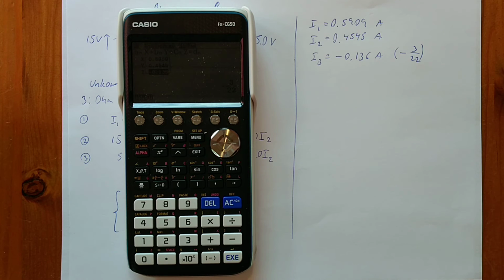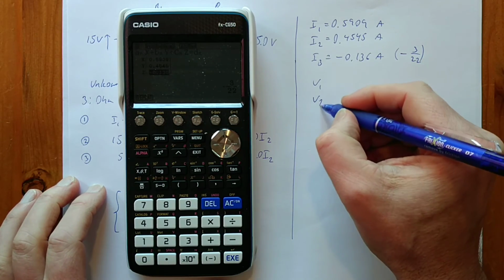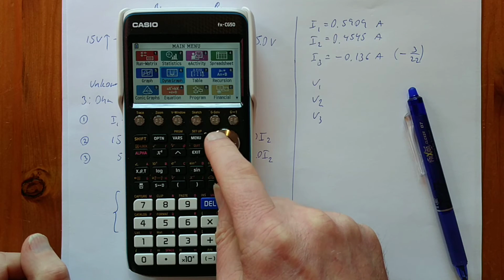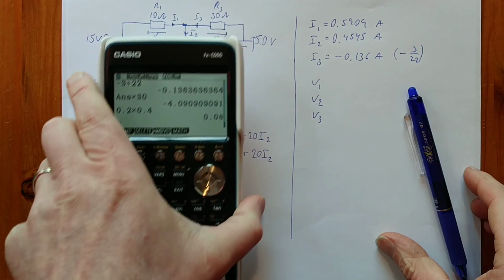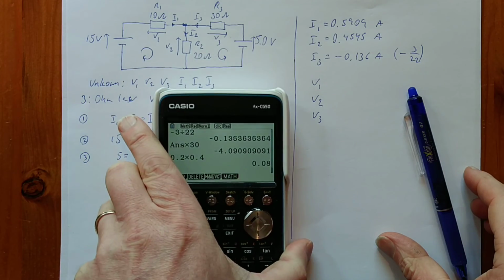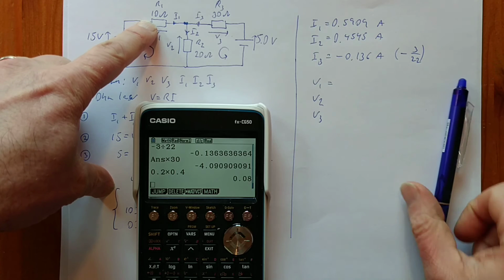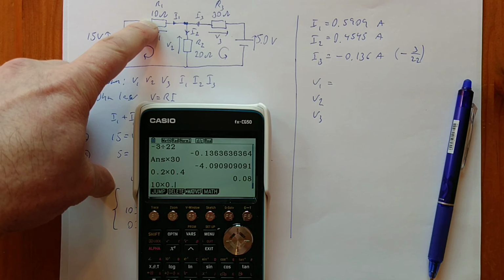Now we can use these 3 to calculate our voltages finally. V1, V2 and V3, right? So we go to our run mode, and now we calculate the first one: 10 times 0.5909.